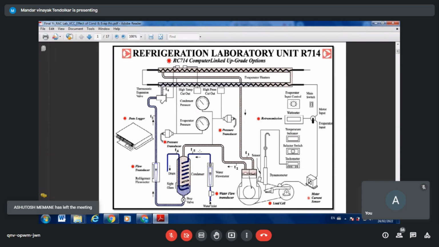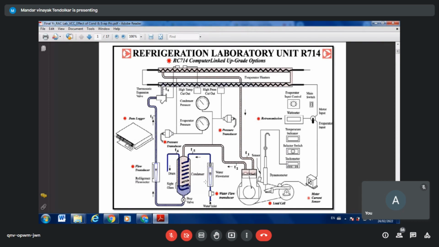So I will share the journal write-up, lab write-up. In that the theory is explained for around 5 or 6 pages, and you can go through that, read it, and then tell me how, by merely rotating the knob for the input power for the evaporator, the pressure changes.